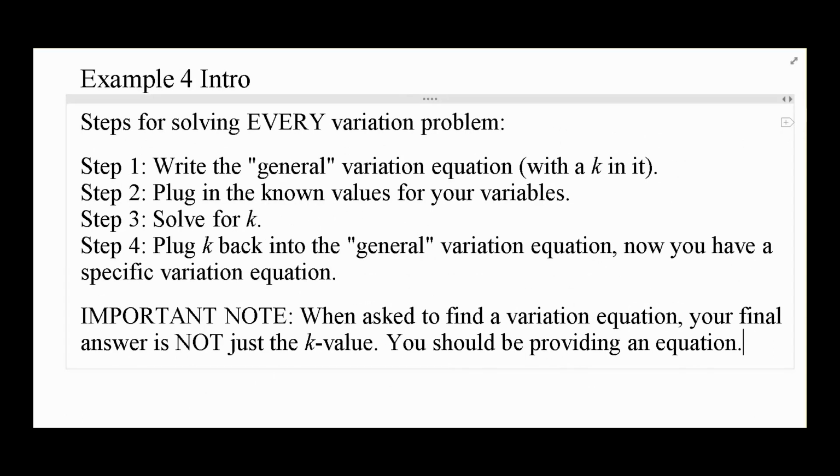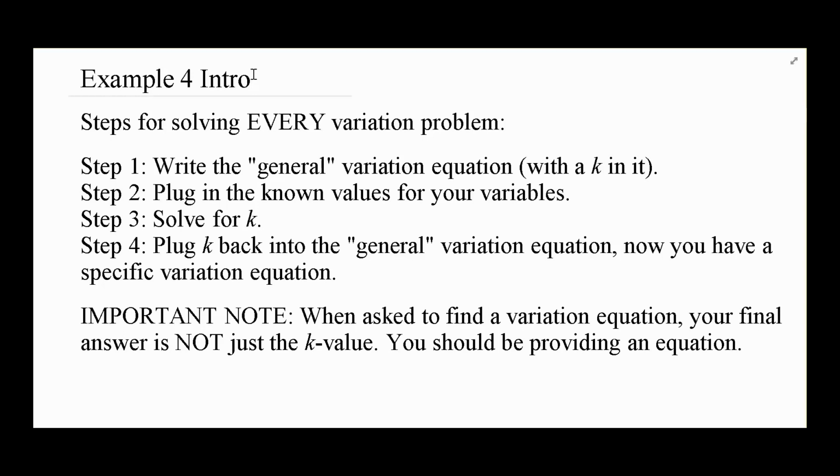Now there are some steps that we're going to use for solving these proportionality problems, so you're definitely going to want to have these written down. Step 1 is you're just going to translate. You're going to write what I'm calling the general variation equation with the k in it, which comes from translating the words on paper. Then you're going to be given values: your x value is this, your y value is this for one situation.